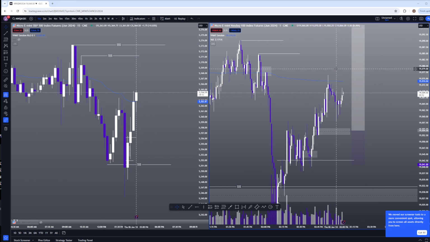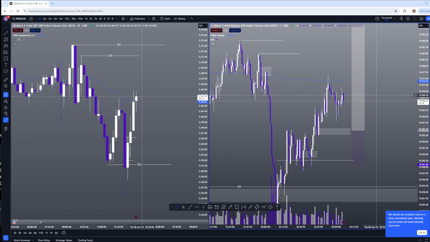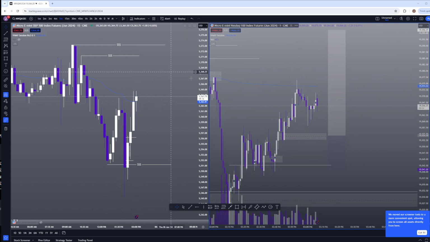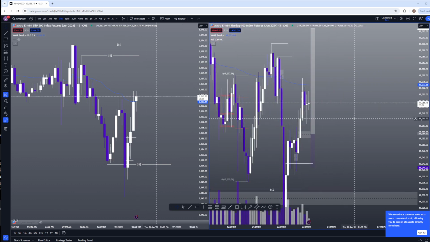Tomorrow's going to be a big day, remember. So let's just preserve our capital for tomorrow. I think there's going to be a lot of opportunity for us. So yeah, I'm not looking to take any other trades right now.